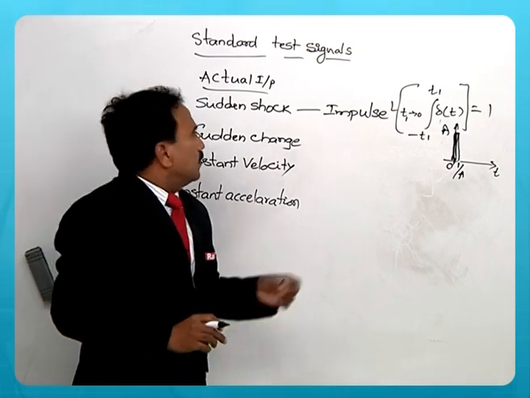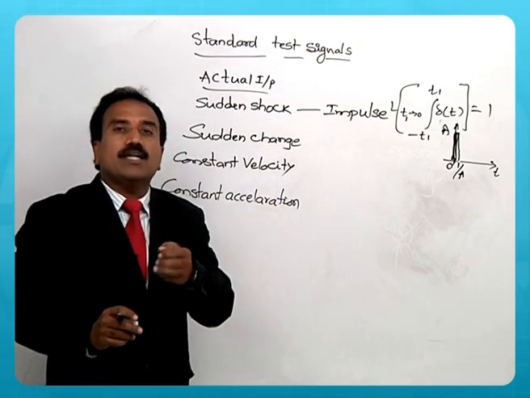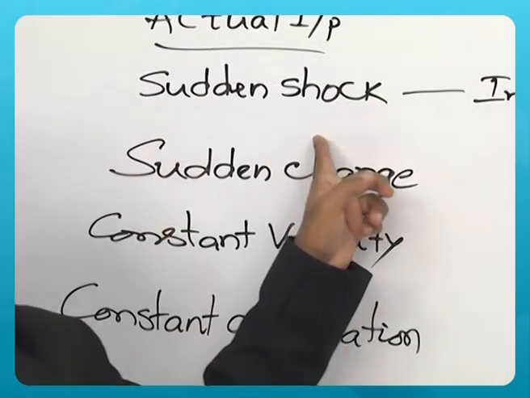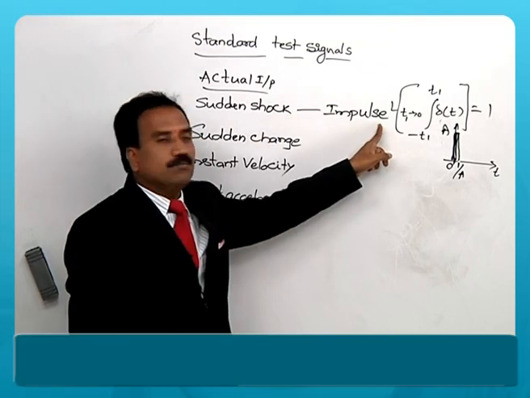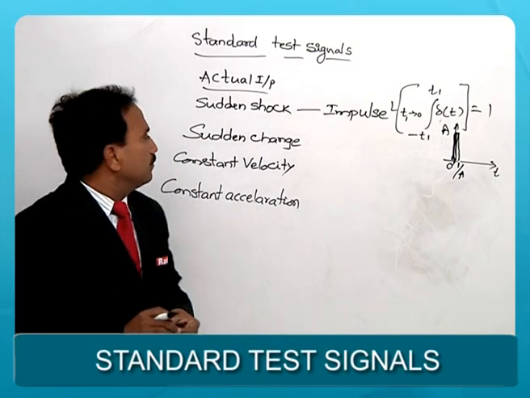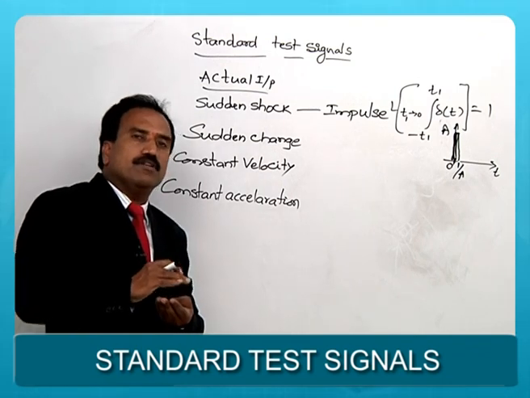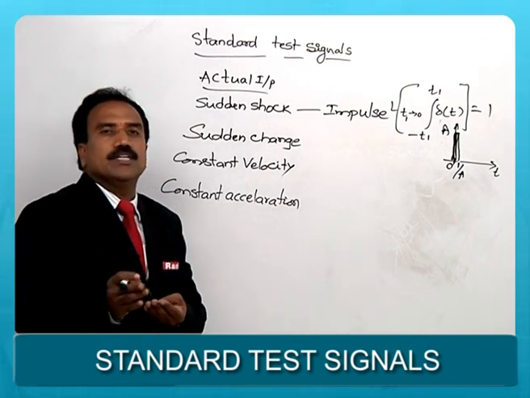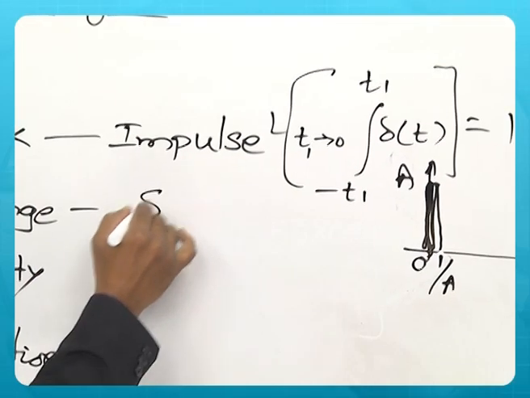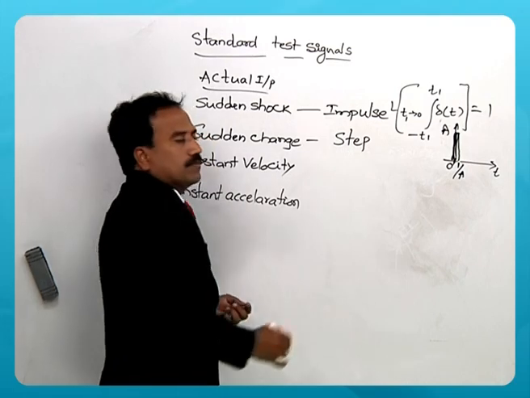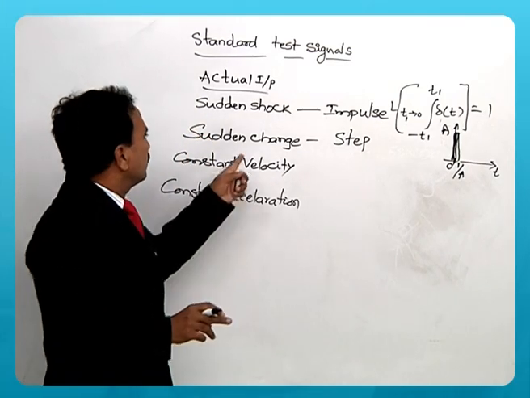So, sudden shock is the nature of input to the control system, and the signal available corresponding to sudden shock to test any control system in the lab is an impulse signal. Similarly, sudden change, a change in value from one value to another, resembles a step. Step is the signal available in the lab that resembles sudden change.